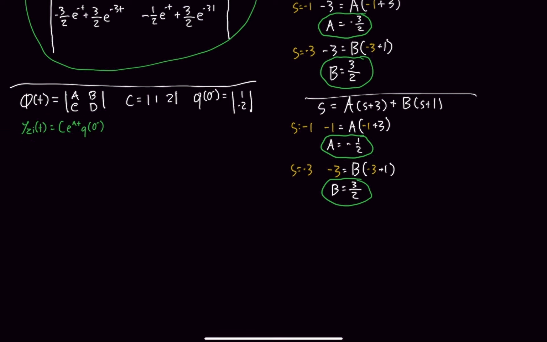So let me do 1, 2 times A, B, C, D. So multiplication, rows by column. So what do I get?